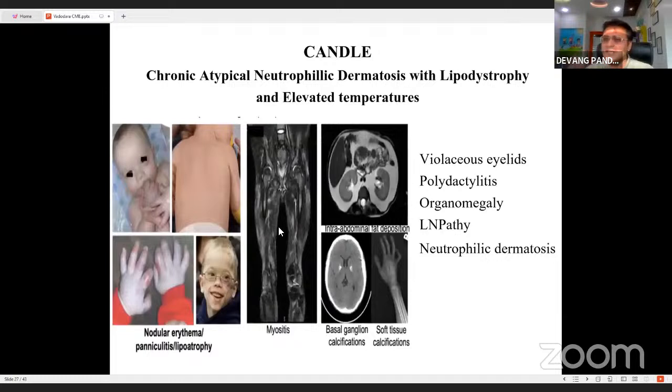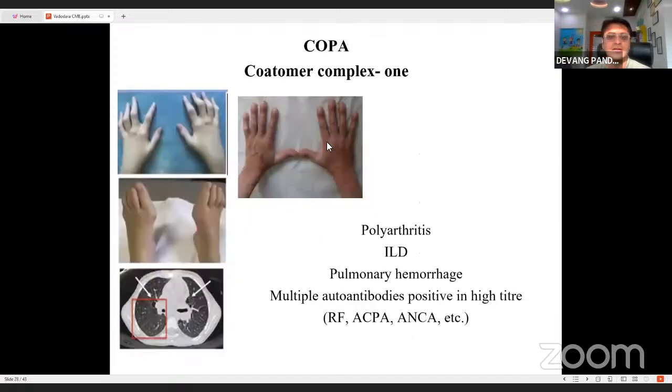So this actually mimics juvenile dermatomyositis, because this child presents with rash and muscle involvement, and it can be confused with this autoinflammatory disorder. So in early onset JDM, think of CANDLE as well.